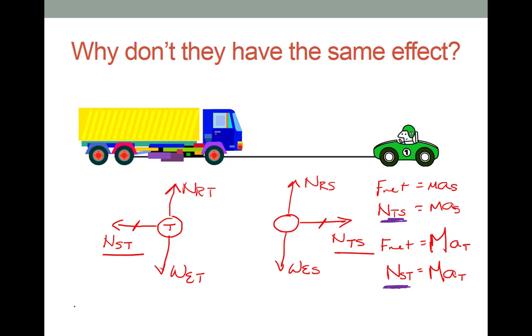Okay, so now I'm going to write that out in long form. Because N_ST equals N_TS by third law, and because little m is less than big M, that means that Sir Speedy's acceleration has to be greater than the Mack truck's acceleration.